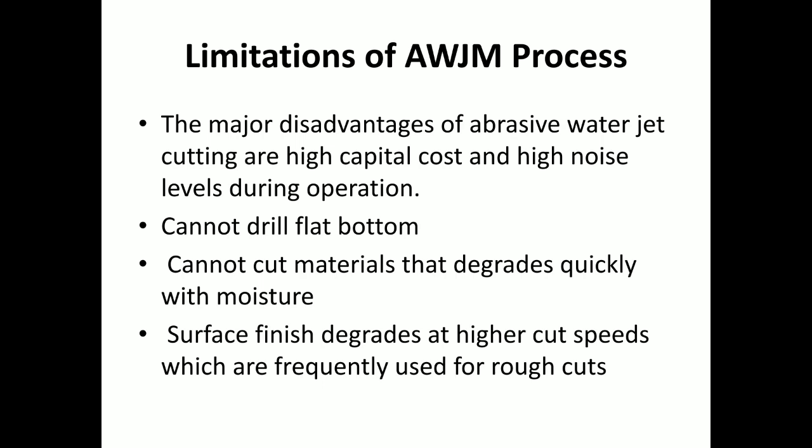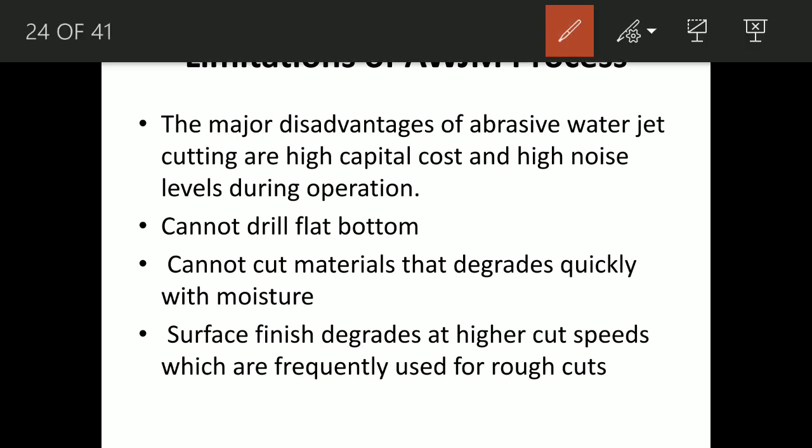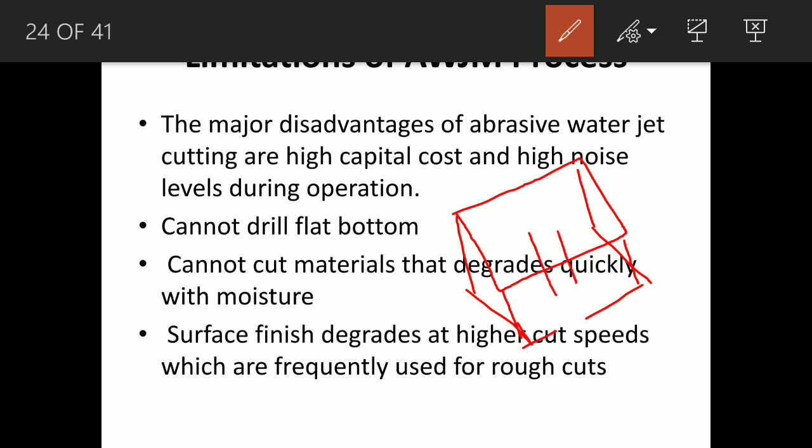Now what do you mean by it cannot drill a flat bottom? See, this is the workpiece, and if you want to drill here, this is called a flat bottom, but in AWJM it is not possible to drill a flat bottom.